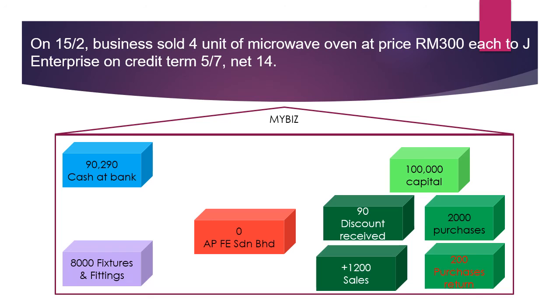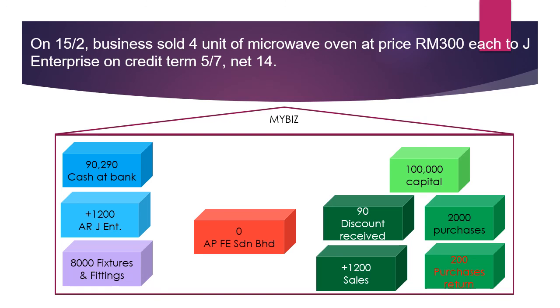And we sell to J Enterprise on credit, hutang. So whenever a customer owes us, you need to open up another account with the name of J Enterprise, and normally we put AR in front of J Enterprise. AR stands for account receivables, meaning that it is a customer. So when a customer owes us, it is an asset.